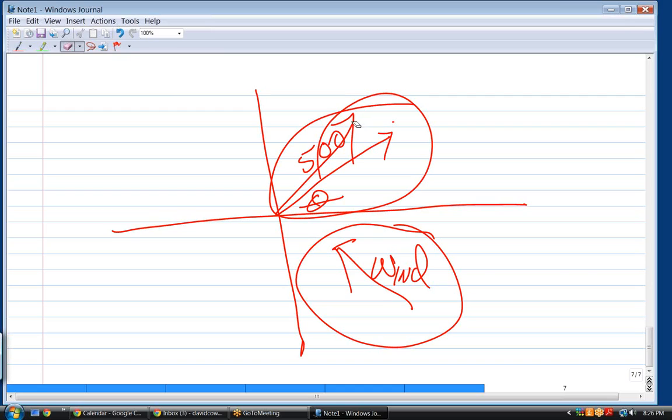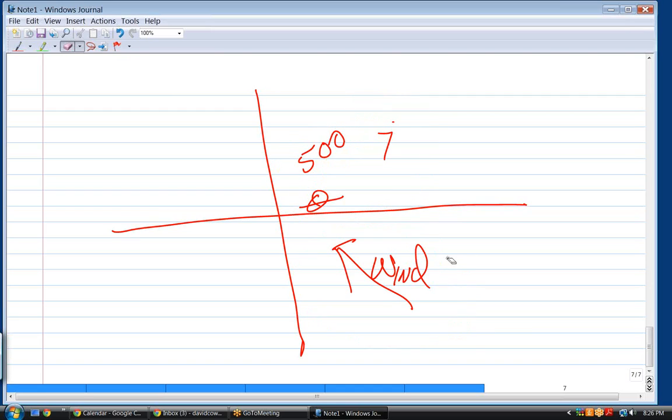So if you wanted to figure out exactly where the airplane goes, and you know that that wind is coming at a certain angle and a certain speed, you can figure out exactly what the resultant direction of the airplane and the magnitude is. And that's pretty much what every pilot does.